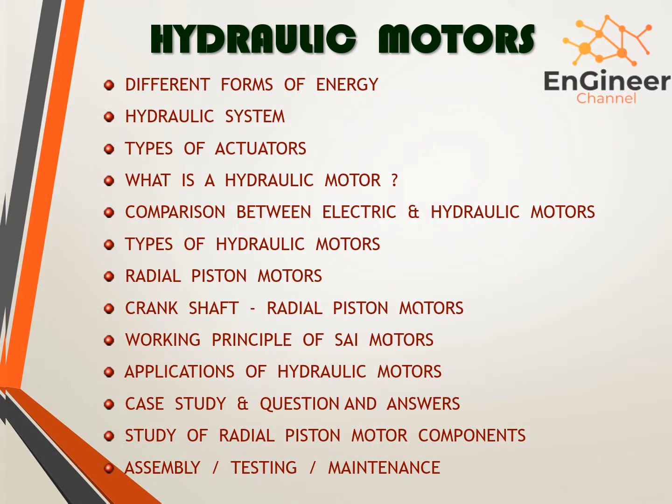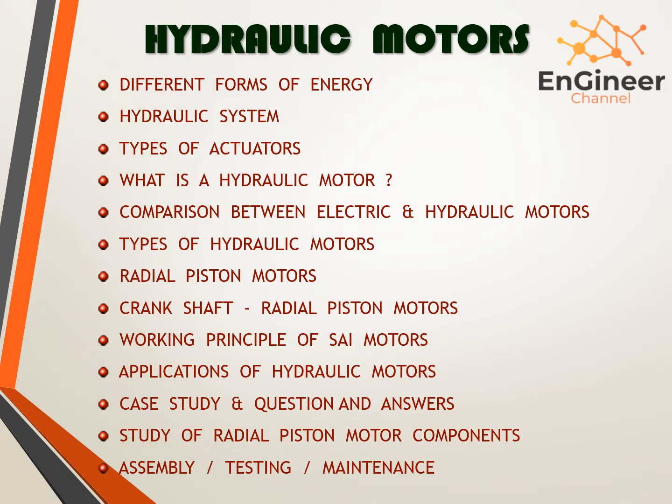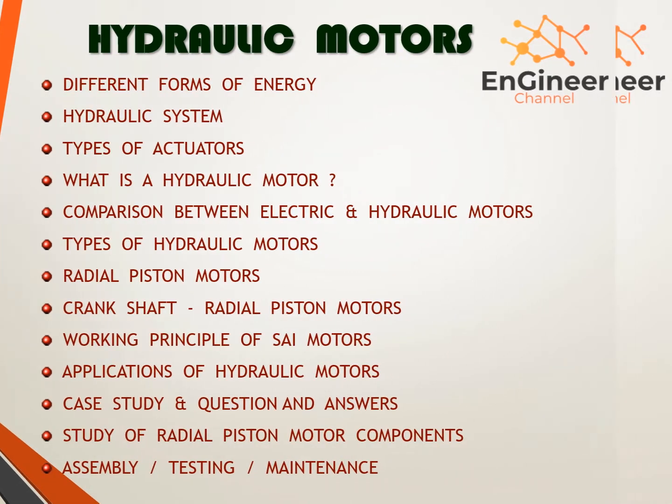We have different forms of energy, hydraulic system, types of actuators, what is a hydraulic motor, comparison between electric and hydraulic motors, types of hydraulic motors, radial piston motors, crankshaft and radial piston motors, working principle of same motors, applications of hydraulic motors, case study and questions and answers, study of radial piston motor components, assembly, testing, and maintenance of hydraulic motors.